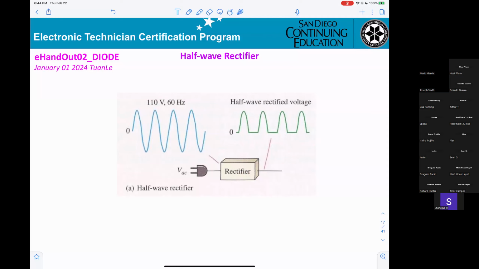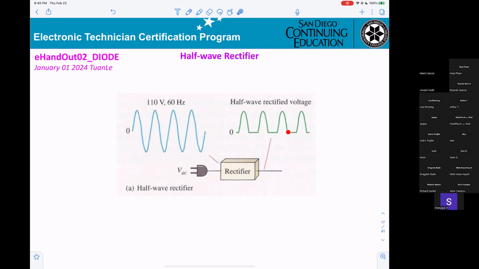Anyway, you get a sideway here, positive and negative. When they go through the diode, they go through a rectifier. They come out, you don't see any more negative, right? No negative. The signal will look like only the positive part shows, and the negative part they remove.